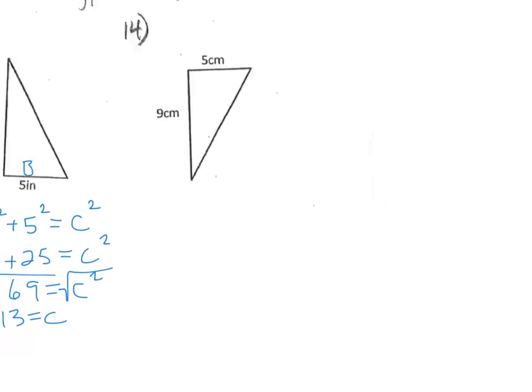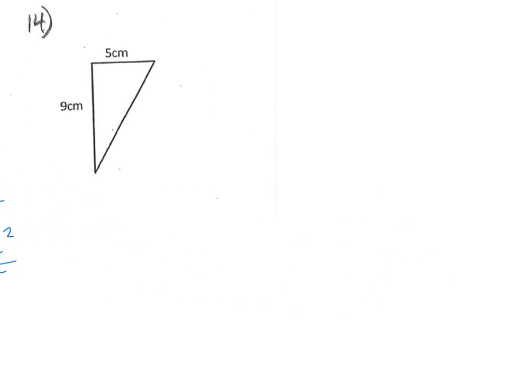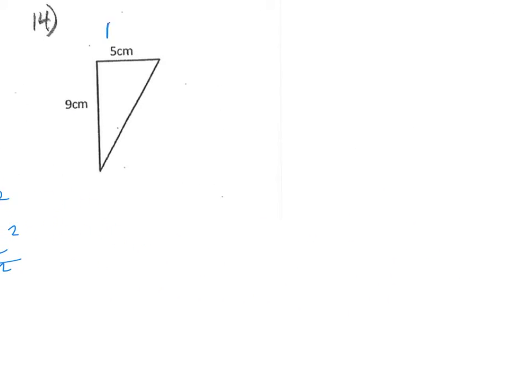Alright, number 14. Call this one A, this one B, and obviously the hypotenuse is C. So I got 5 squared plus 9 squared equals C squared. 5 squared is 25, and 9 squared is 81, is equal to C squared.